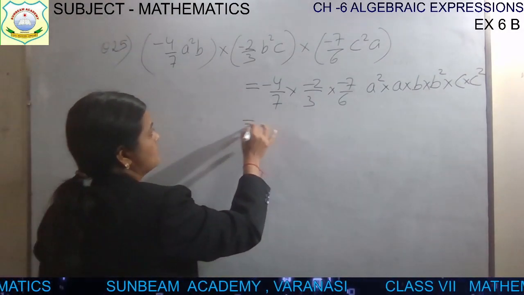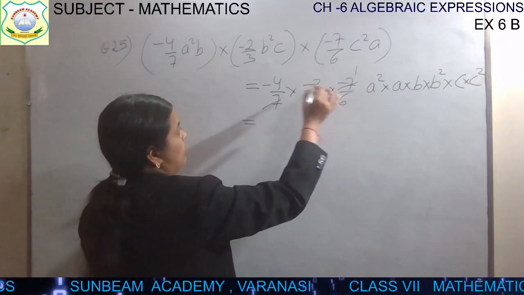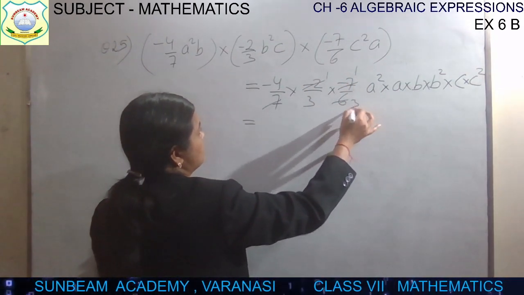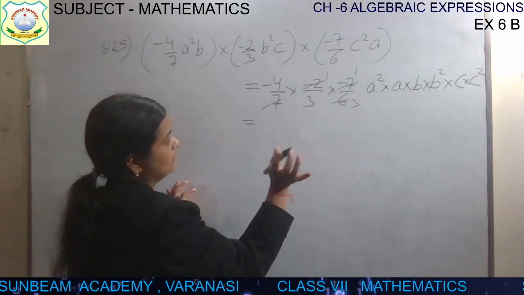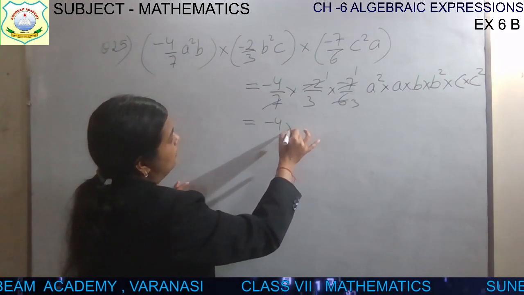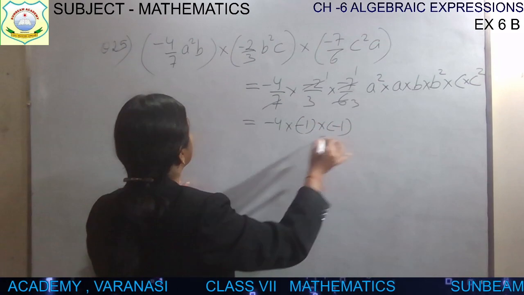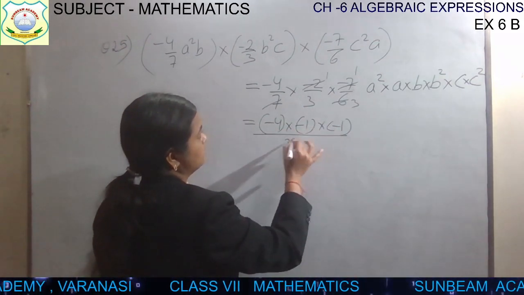Now 7 1s are 7, then 2 1s are 2 and 2 3s are 6. Now no number will multiply, it will be further simplified. So minus 4 into minus 1 into minus 1, all are minus terms, divided by 3 into 3.